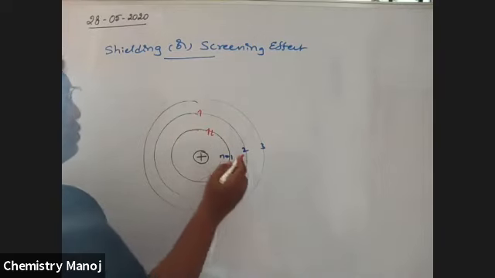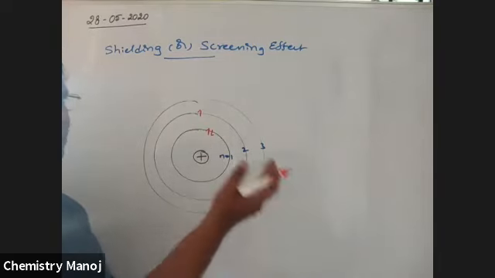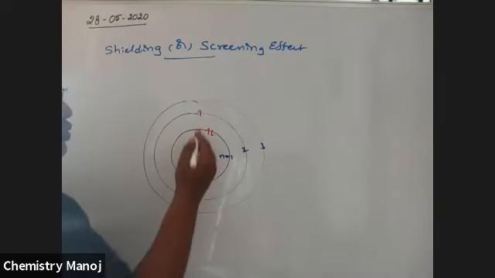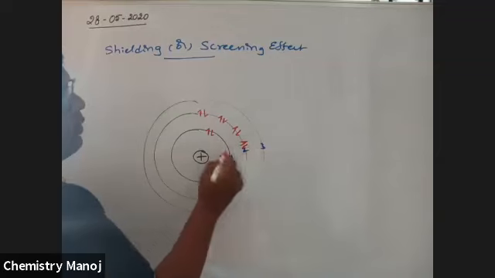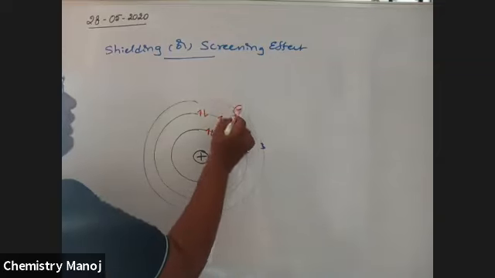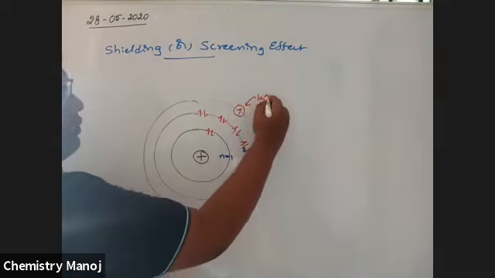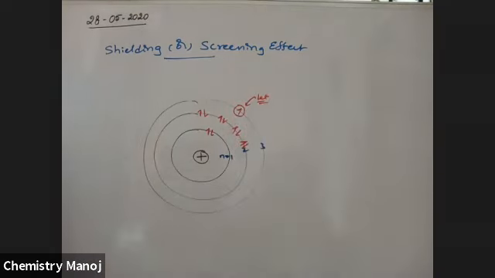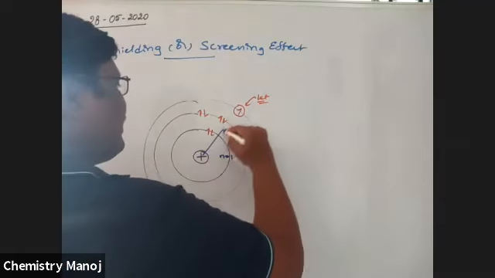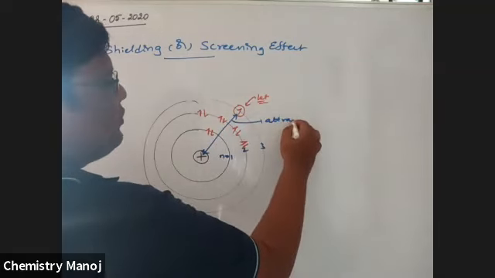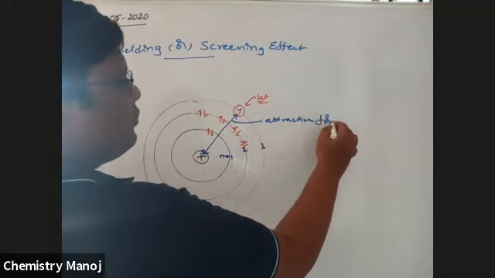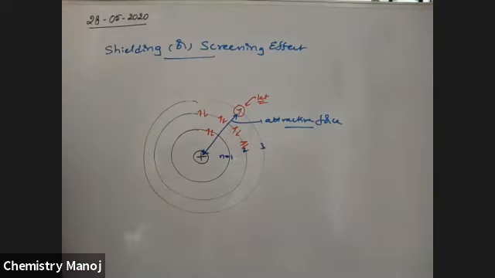The second orbit contains 2s and 2p: 2s contains 2 electrons, 2p contains 6 electrons, overall 8 electrons. Now let the third orbit contain 1 electron. No doubt, there is an attractive force between this nucleus and this outermost electron.